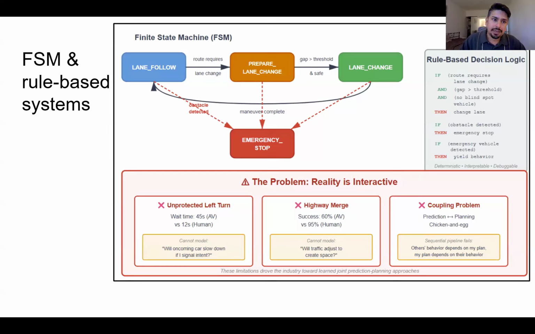And another thing is that you can have these rule-based systems. You can properly tune them: okay, if the gap ahead of me is this much, and if there's a car on the left with this much space, I can make the lane change. But in the real world, you will always be straddling the boundary of many decisions, and it will not give you the behavior that you want. And the real world will have many such interactions and many such cases that you will not be able to write each of these rules down.